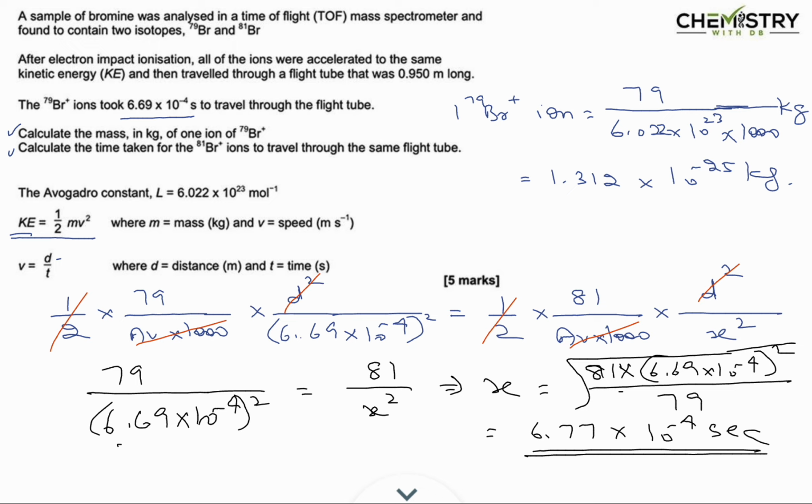It's just a tiny bit, instead of 6.69 it's 6.77. Why? Because 81 was a little bit heavier, so it took a bit longer to traverse through the flight tube. So this is a cross check for you to see whether your calculation is right or not. If the answer is far off, then please check your calculations again.